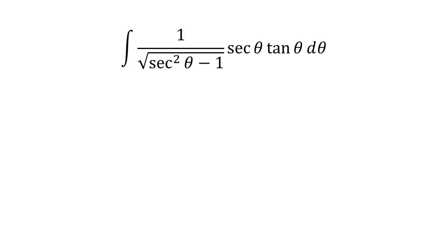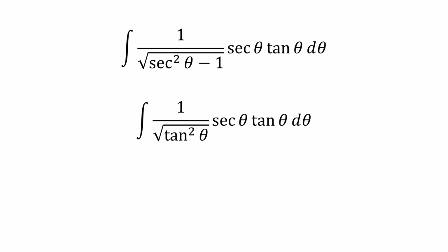Simplifying using the Pythagorean identity then gives the integral of 1 over root tangent squared of theta secant of theta tangent of theta d theta. Taking the square root then gives the integral of 1 over tangent of theta secant of theta tangent of theta d theta.